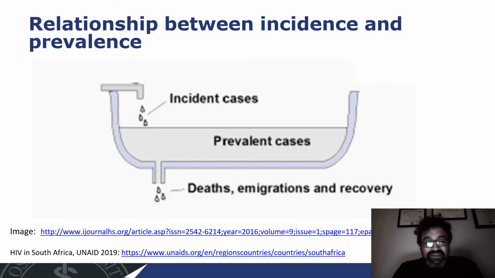And then the prevalent cases, those are new and old. So that's why it's the existing water plus the new incident cases. And then the deaths, emigrations, and recoveries, those just fall out.